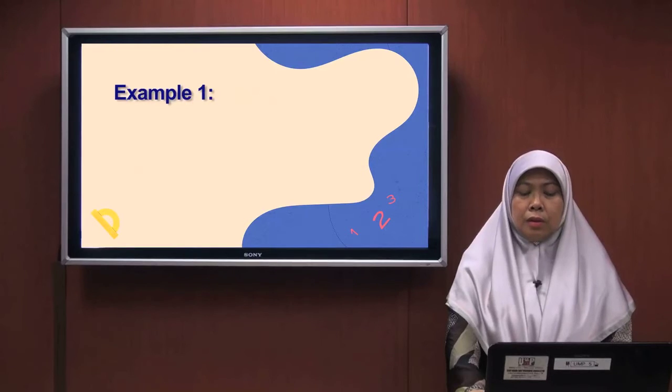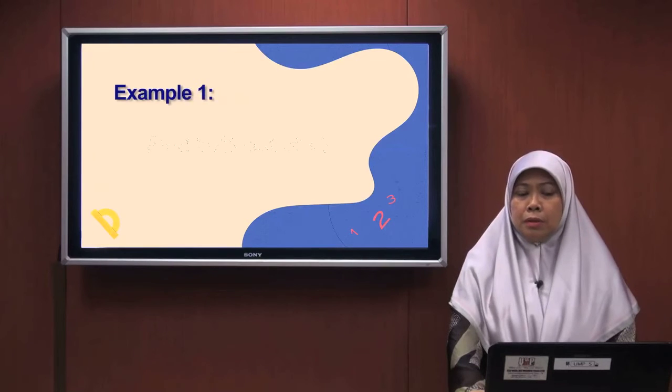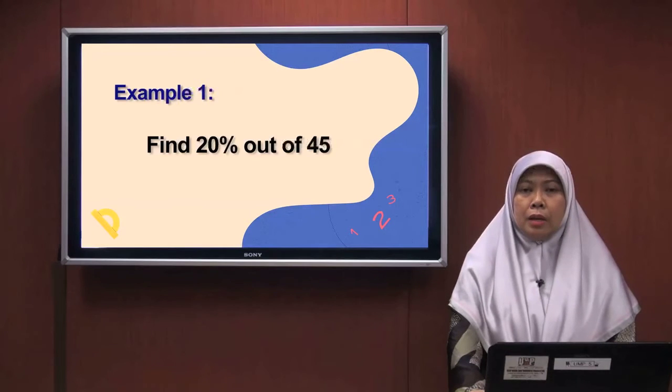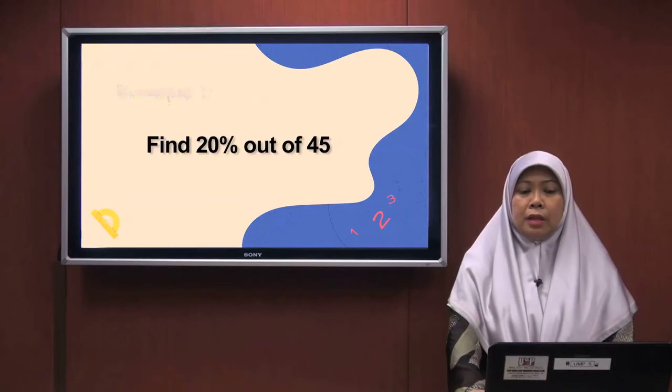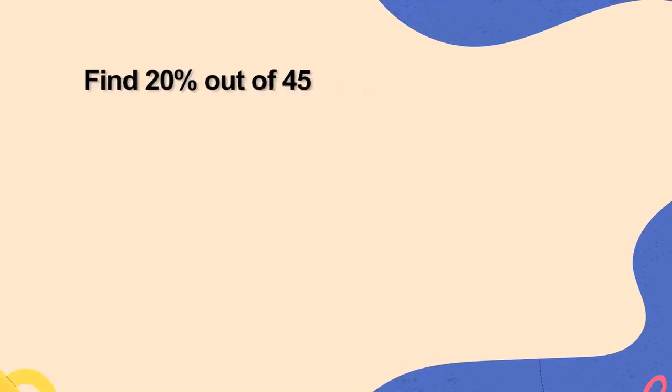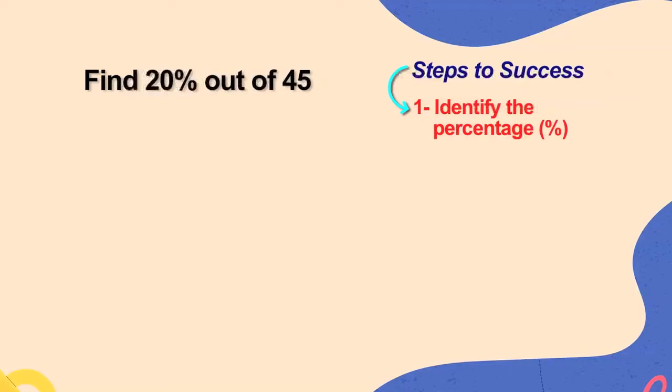Now, let's do the first example. Find 20% of 45. We will use the steps to success to answer the problem. The first step is identify the percentage, which is 20%. Next, identify a whole, which is 45.